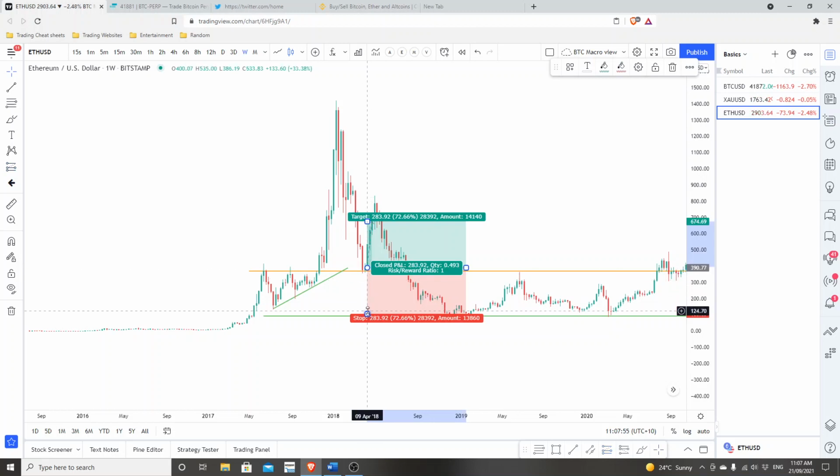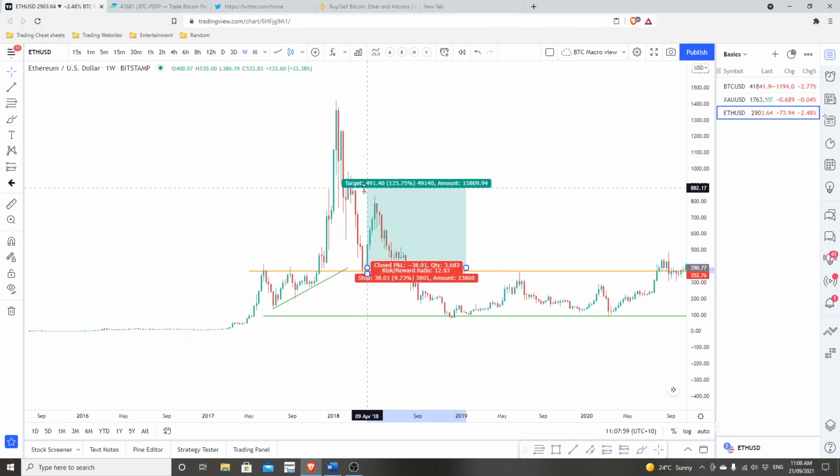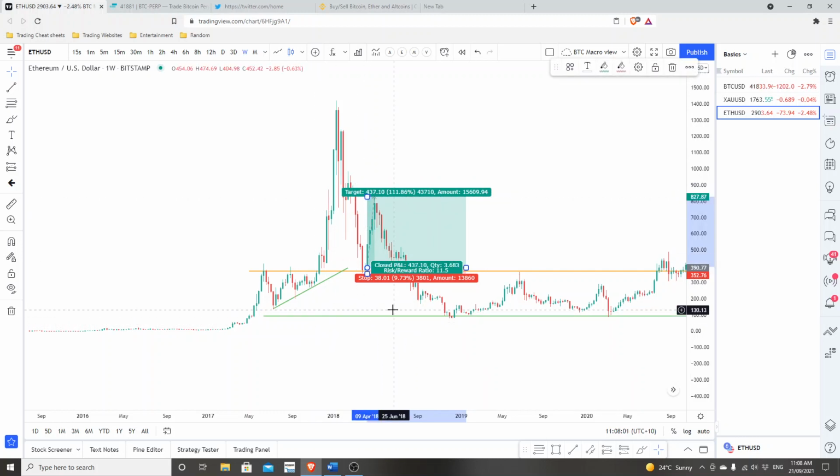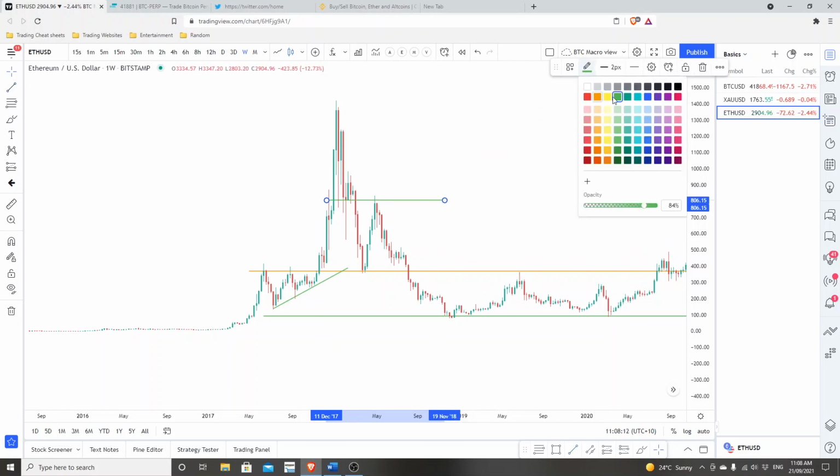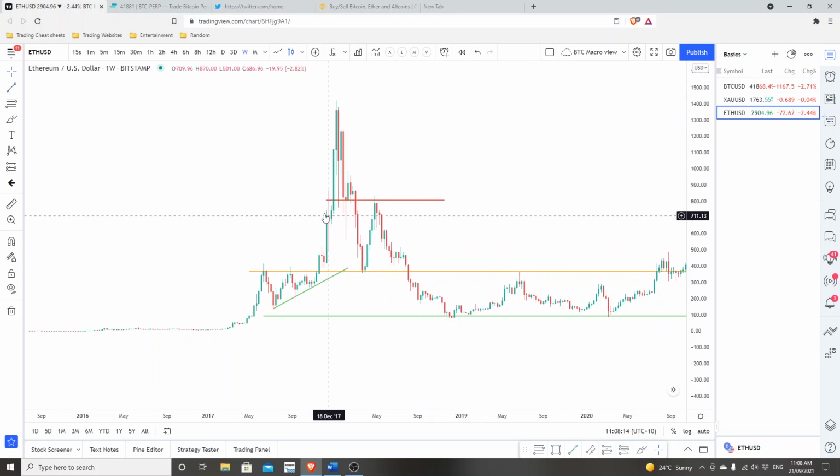Again, we're on the weekly time frame, so you'd be trading spot. 11.5 R. Great trade. And let's look at where it rejects from. A previous high time frame support.